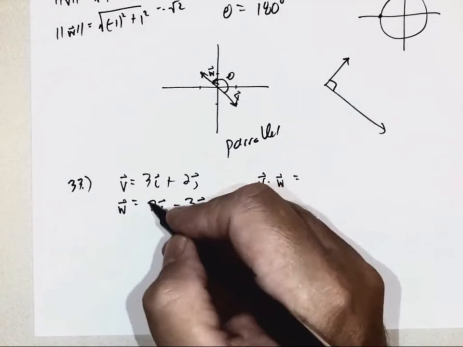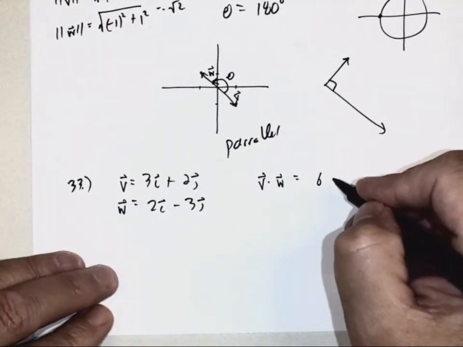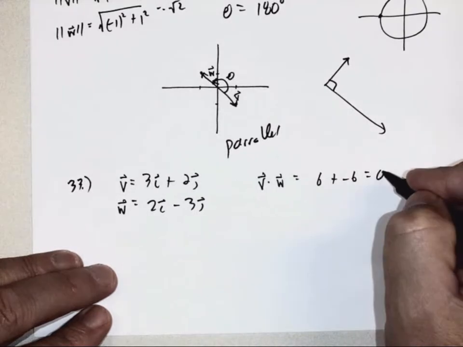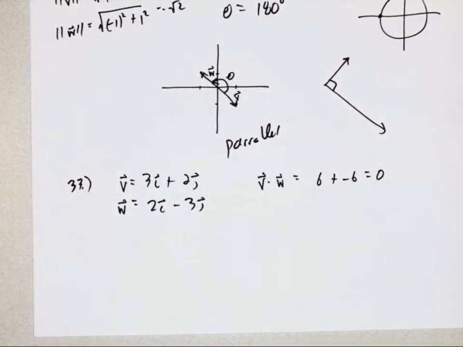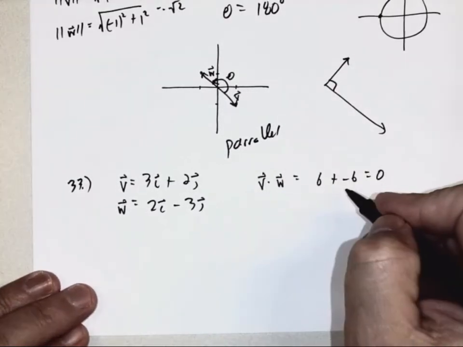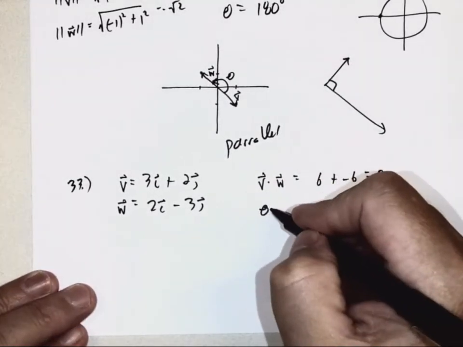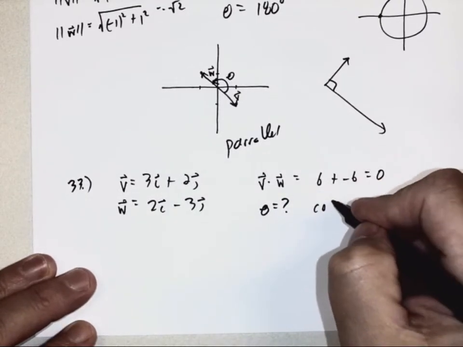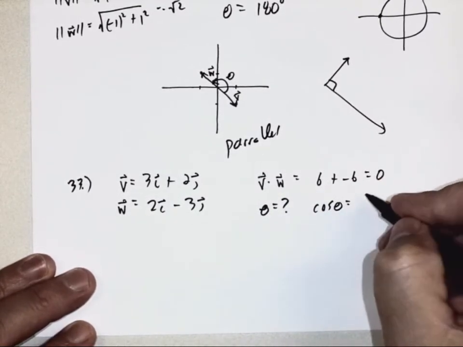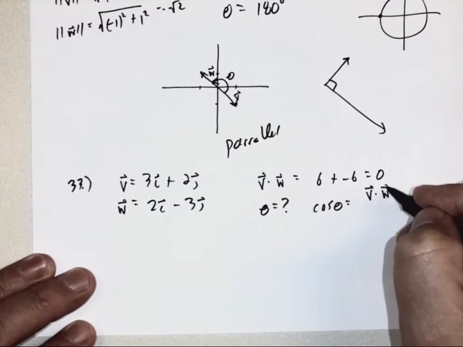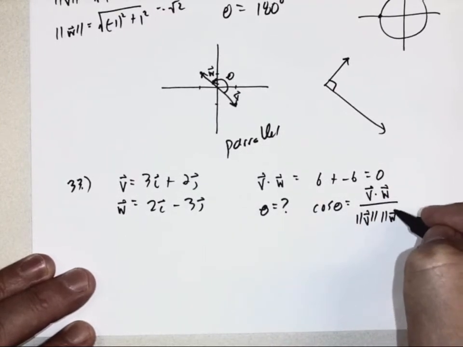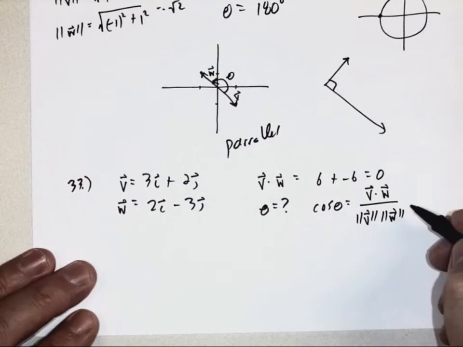So you take the x parts and multiply them, 6, add it to multiply the y parts, minus 6. Looks like the dot product is 0. And now they want the angle between. So the equation is cosine of that angle is the dot product over the product of the magnitudes.